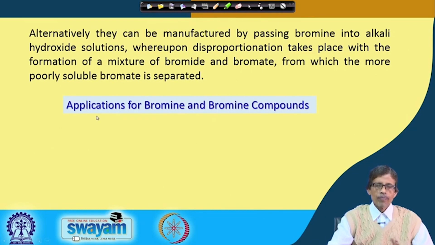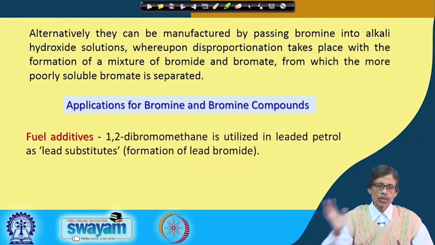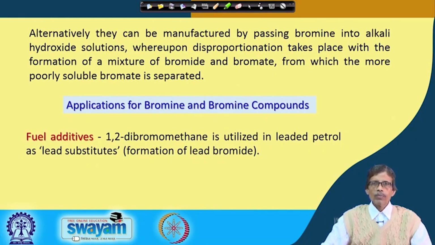So, what are those applications where we can use these compounds? One of the industrially important uses is as additives in fuel. As we all know, tetraethyl lead was earlier used as the anti-knocking reagent to increase the performance of the fuel while it is burning in internal combustion engines.